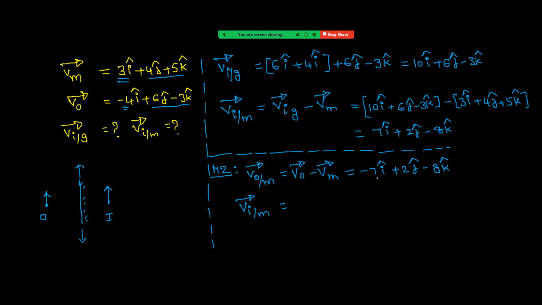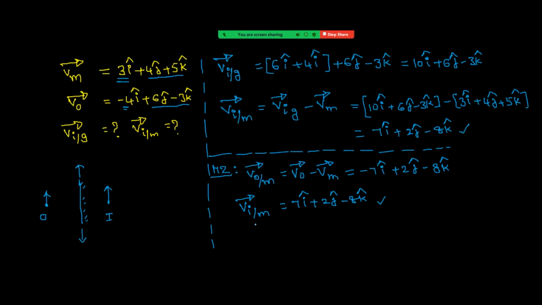Then velocity of image will be negative of this one, so it is 7 i cap. Next, if object moves parallel to mirror, image also has the same velocity. Here, j cap and k cap are both parallel to mirror. So it is now 2 j cap minus 8 k cap. Cross check once what we got here. We got same, right?